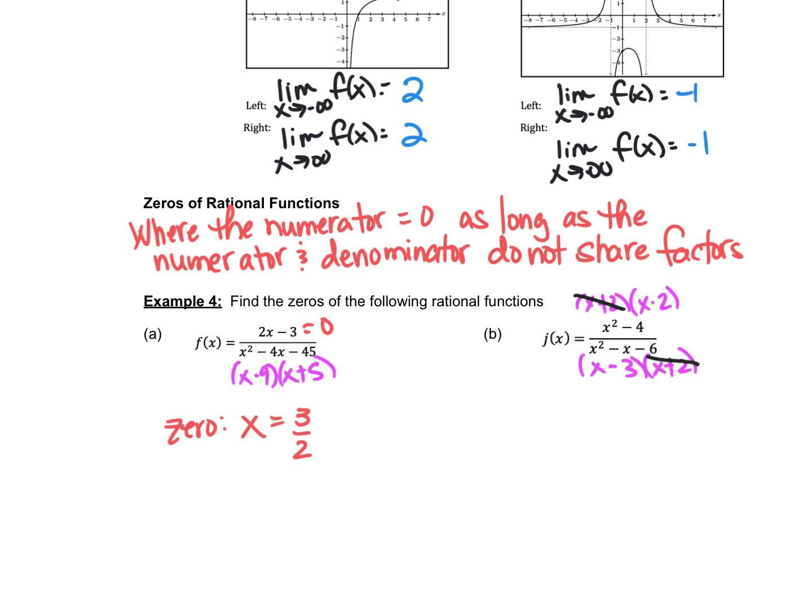I'm just going to mark it off. I'm only going to look at the numerator. What's the only factor I have left in the numerator? X minus 2. So my zero is where that equals 0, or at positive 2. So zeros are in the numerator.